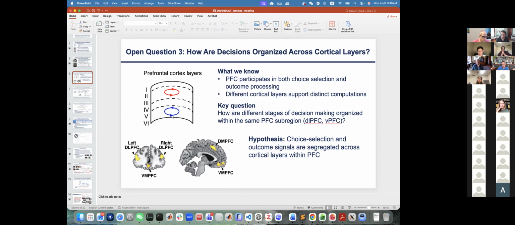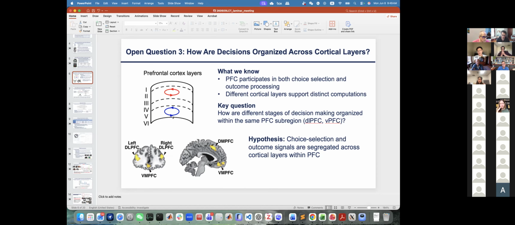I guess the input here would be the actual values, the actual stakes, but that's not part of your model. I suppose you think the superficial layers might be sensitive to the actual stakes.